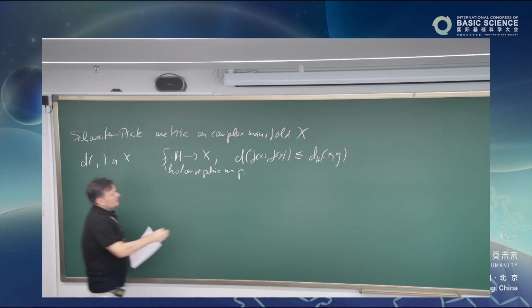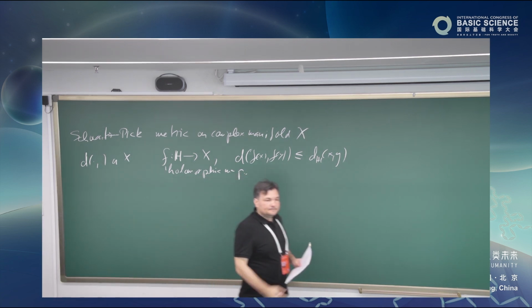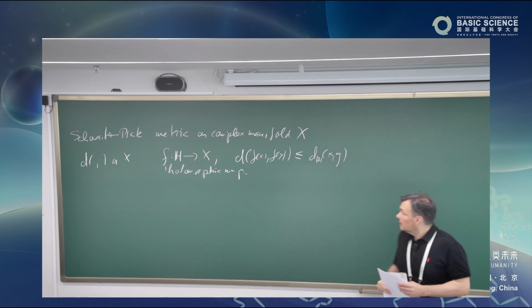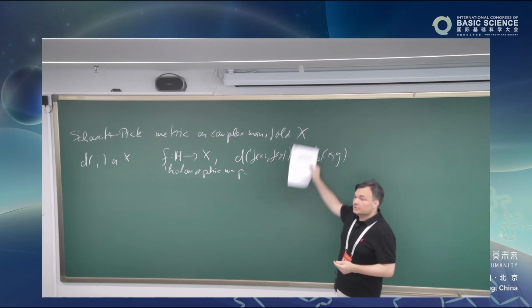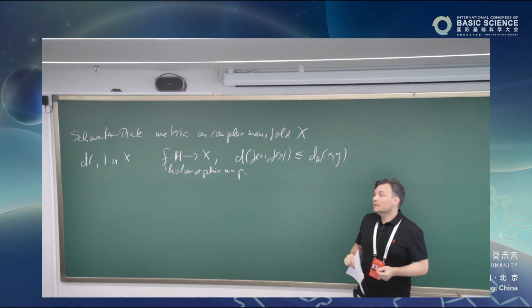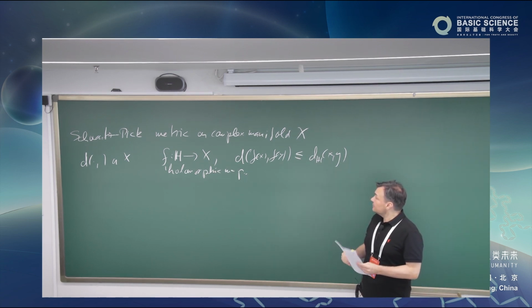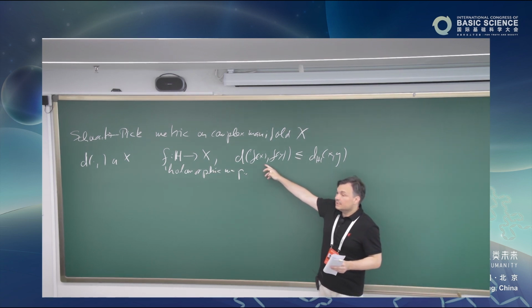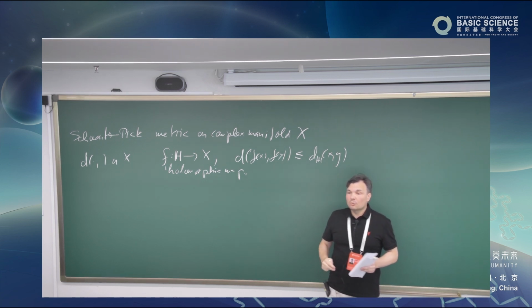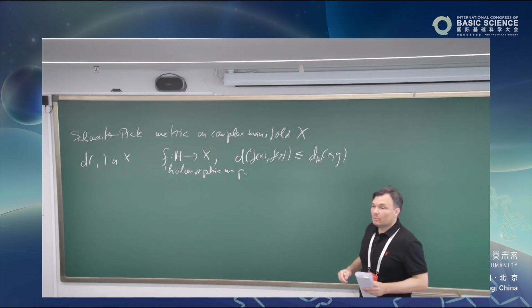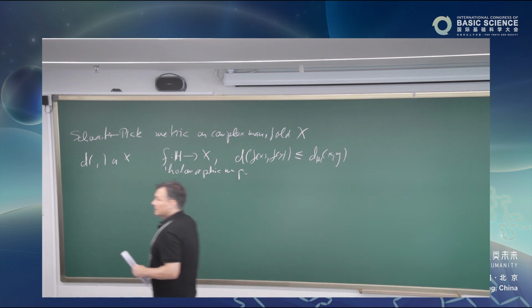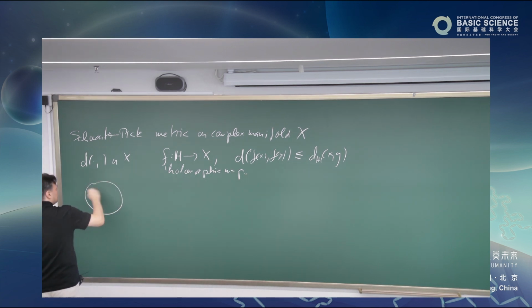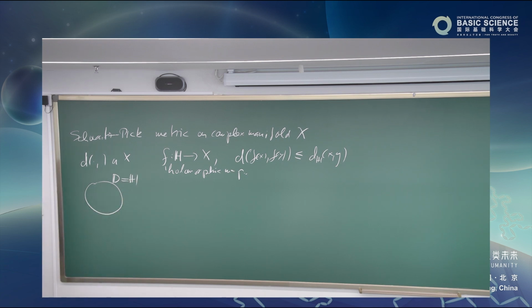So essentially, you look at X and you make it into a metric space with the property that the metric is not expanded under holomorphic maps from the hyperbolic plane. And if you like, the unit disk is a good model for the hyperbolic plane, and we might as well sometimes just think of it as the unit disk.